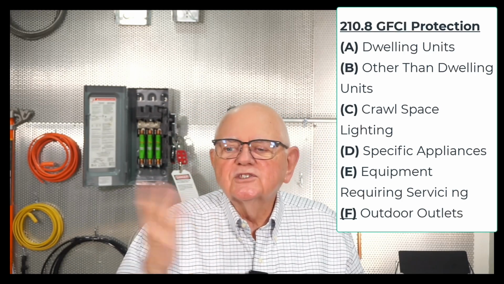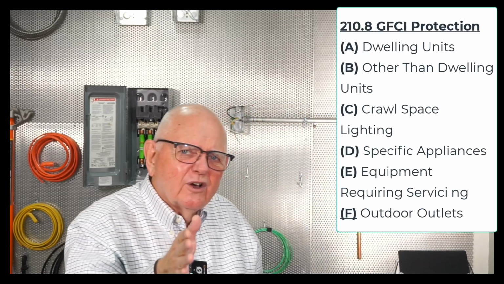That receptacle has to be on the same level and within 25 feet of that equipment. That's what 210.63 says. Then 210.8 says, oh, and by the way, you have to GFCI protect that receptacle as well. And there are some other requirements for equipment requiring servicing in subsection E.